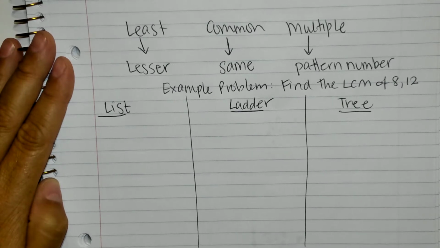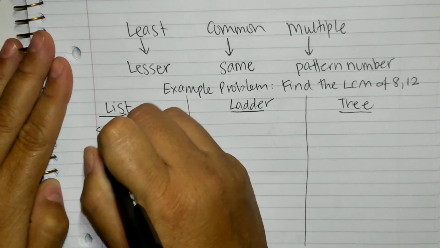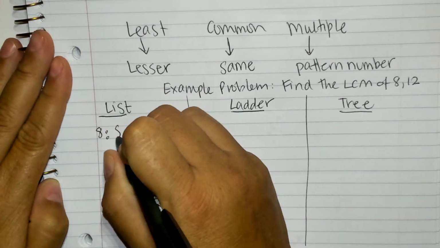We know that our answer is going to be greater than 8, greater than 12, or equal to 12, which is the highest number, or the largest of the two. So it's either going to be greater than 12 or equal to 12. Okay, you can make a list.